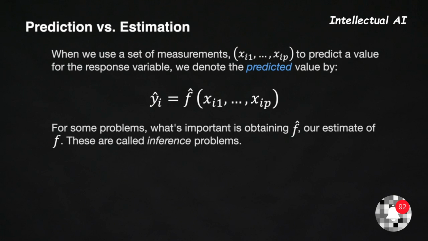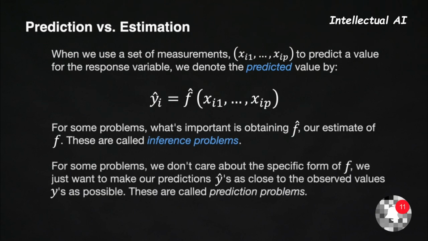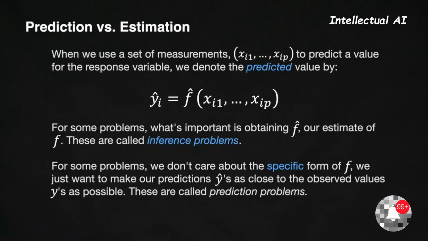The first is where what is important is obtaining a specific form for f hat, our estimate for f, and these are called inference problems. The other kind is where we don't care about the specific form of f. We just want to make our predictions y hat as close to the observed values y as possible. We call this a prediction problem.